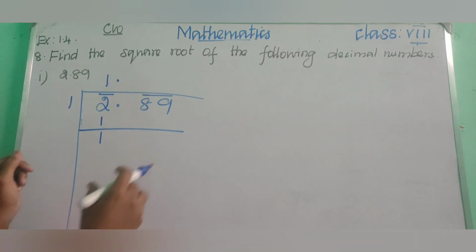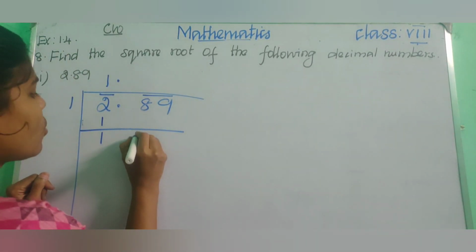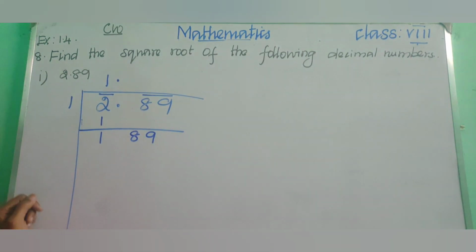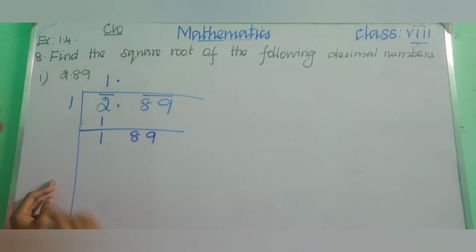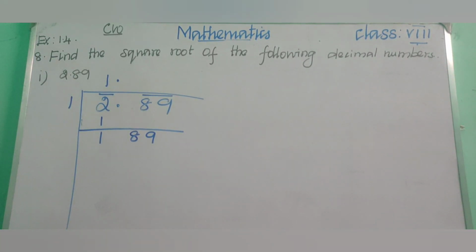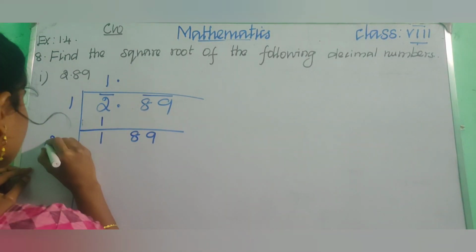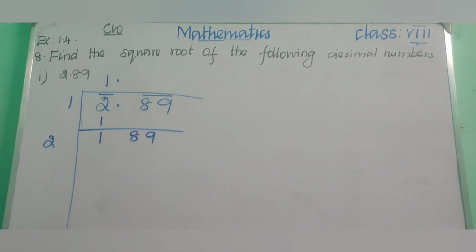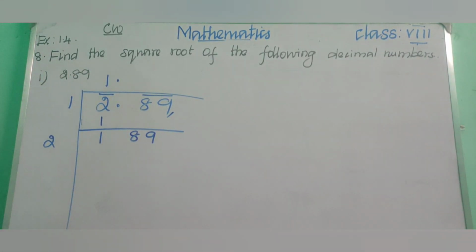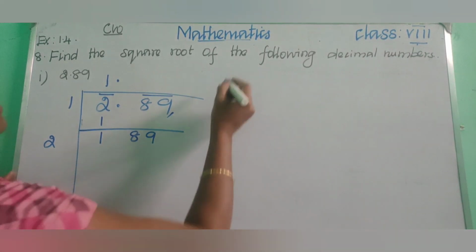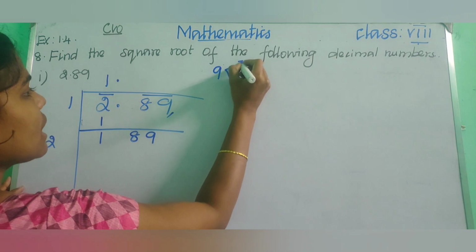Now let us bring these two digits down. So 89, that is 189. Now we need to multiply this quotient by 2. So 1 into 2 is 2. Here in the units place we have 9. If we have 9, the digit will be 3 or 7.